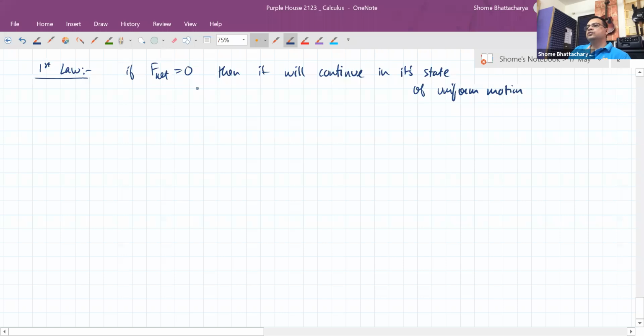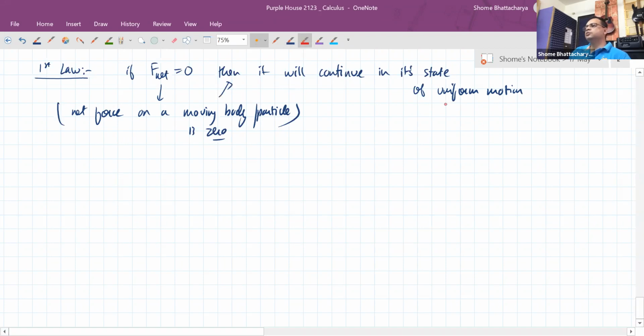So if the net force on a moving body or particle is zero, then it will have a tendency to continue in uniform motion.